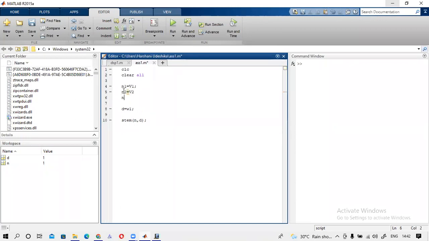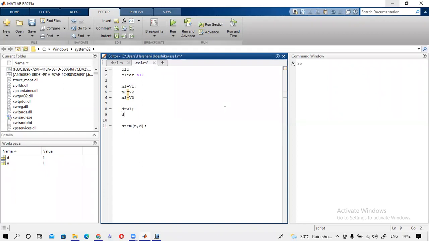And N3 as V3. So you have 3 functions. I define the shifted variable, shifted time, here. So here you have 3 impulses. One impulse is like this.